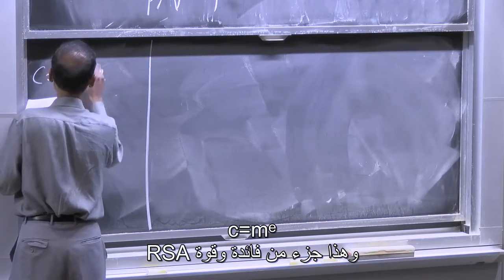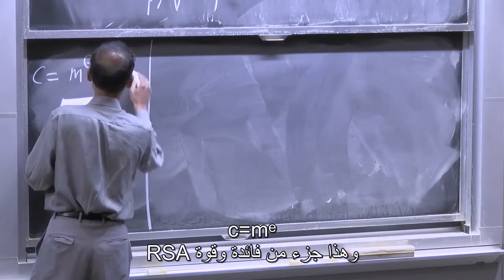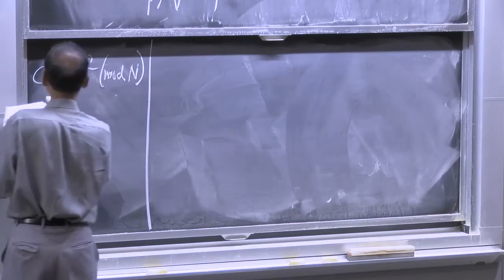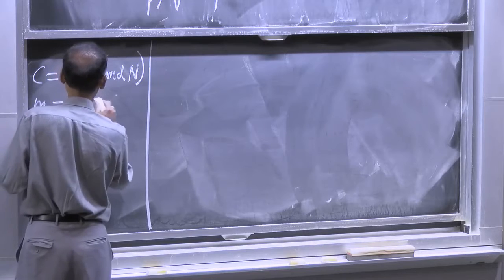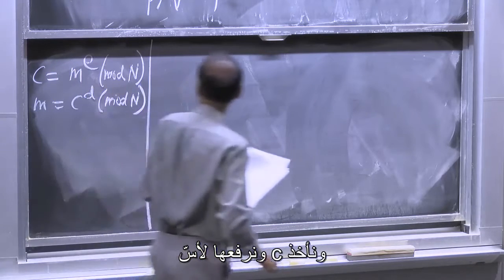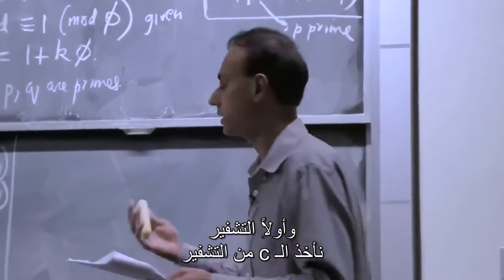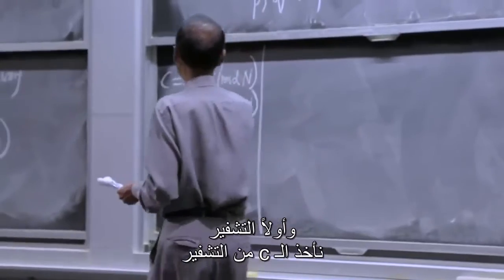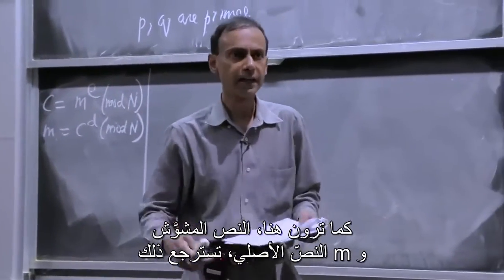C equals m raised to e, and that's part of the usefulness and the power of RSA. You take m and you exponentiate it, and you take C and you exponentiate it. The first is the encryption. You get C, the ciphertext, through encryption, and m is the plain text, and you get that back.